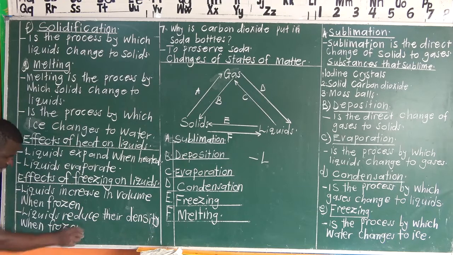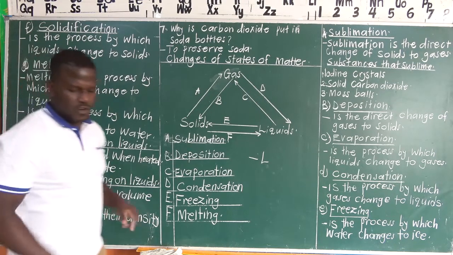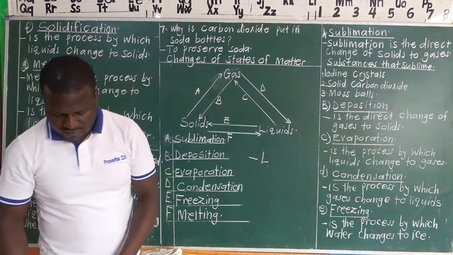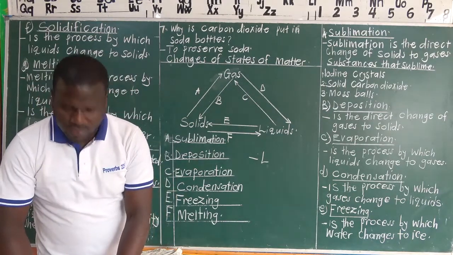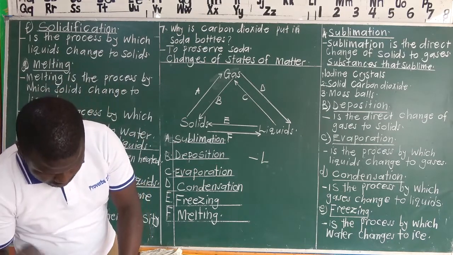When you freeze liquids, their density reduces. And that's the reason why ice floats on water. Because the density reduces. Once a liquid is frozen, the density reduces, but the volume increases.